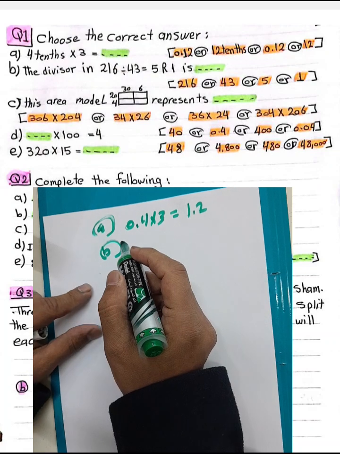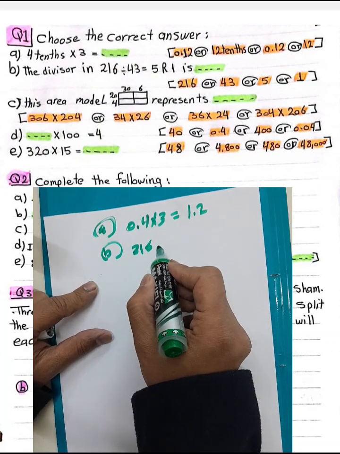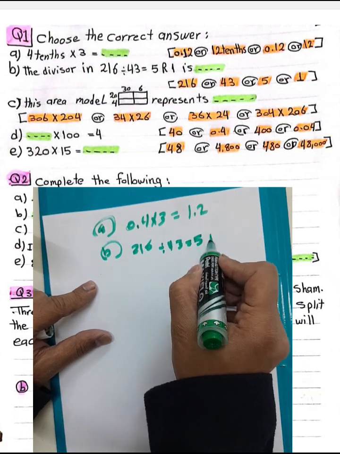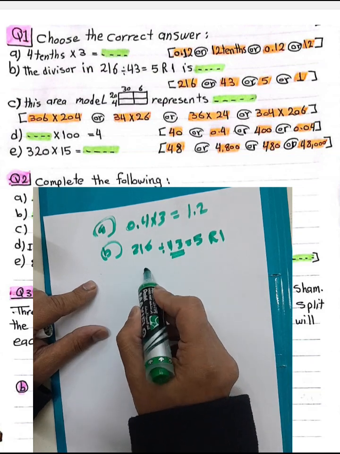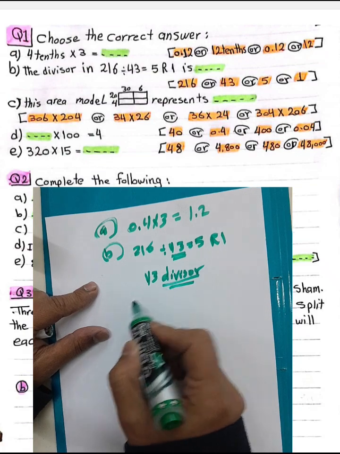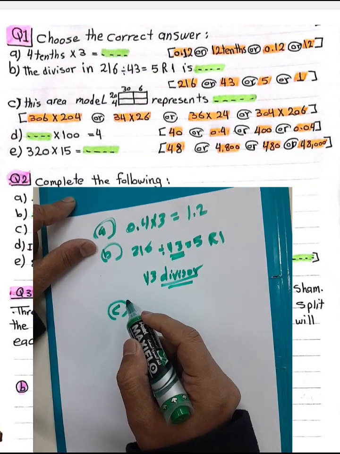Letter B, the divisor in this equation, 216 divided by 43 equal 5 and the remainder 1. We have here the divisor will be 43. Question letter C. This area model represents what?